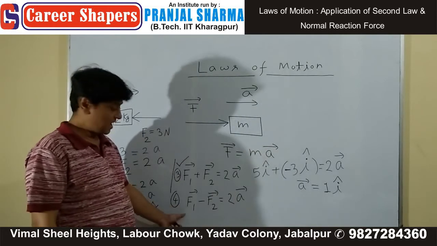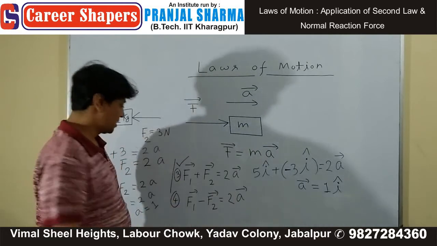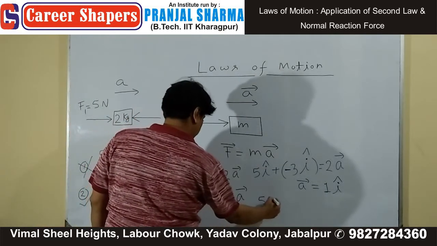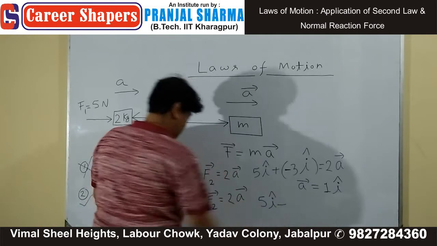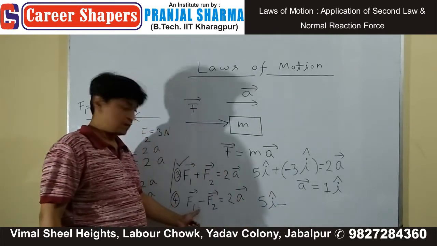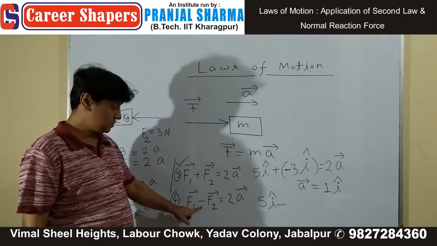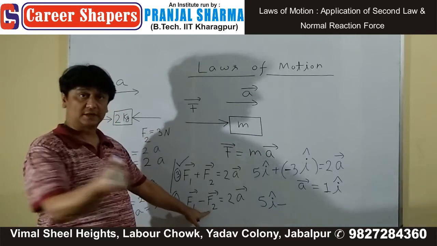Fourth one, F1 minus F2. I hope you can see it becomes 5i minus F2. This minus you have already used, but F2 is still what?